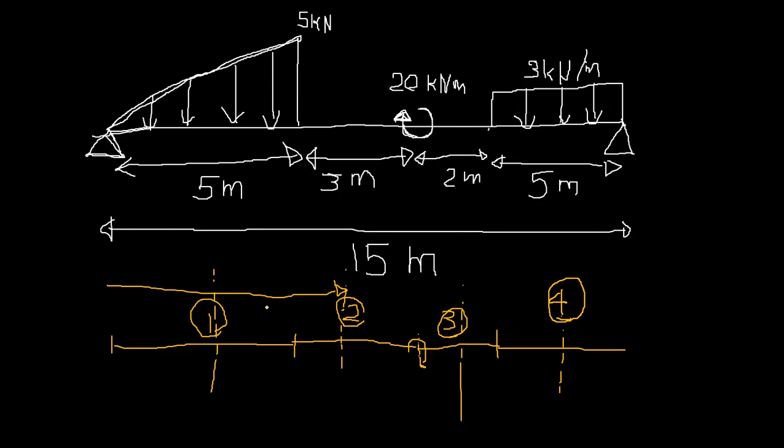It is only valid until 5 meters, so it's going to be another one from 0 to 8 meters. If you consider this part as well, it is going to be another thing between these 2 points.